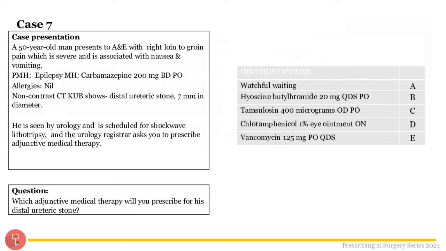Yes, you can. You can prescribe orals as first line. You can also prescribe IV as first line if they're severely unwell or unable to take oral treatment.